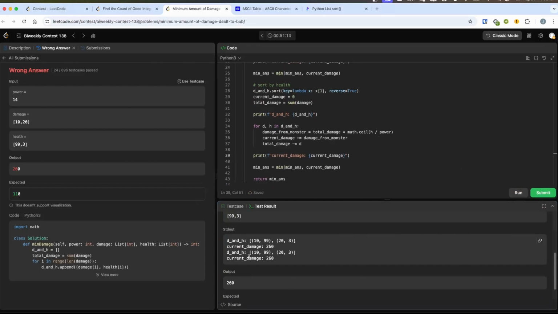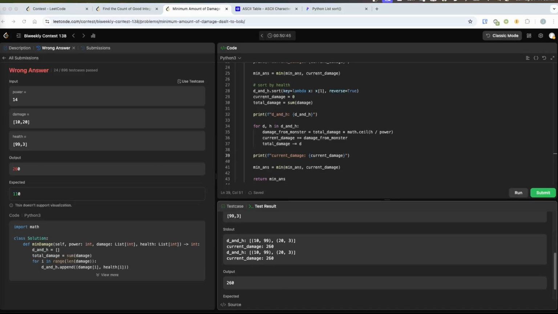So in what order would we want to do this, right? So we would immediately get rid of this, right? So then our first turn we're getting 30 damage, and then we want to do 99 divided by 14.